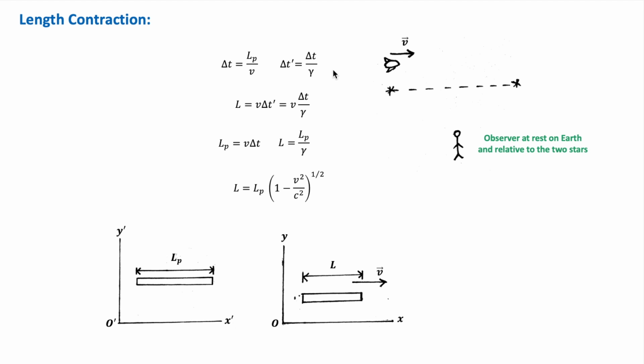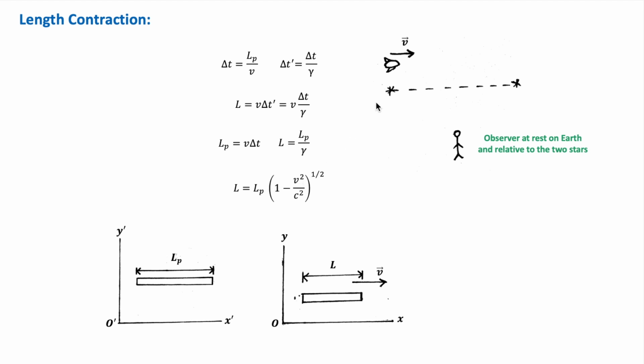And so this space traveler concludes that the distance L between the stars is shorter than Lp and is equal to L equal v delta t dash equal v delta t over gamma. And since Lp is equal to v delta t, L is equal to Lp over gamma. And so L is equal to Lp times (1 minus v squared over c squared) to the power half.